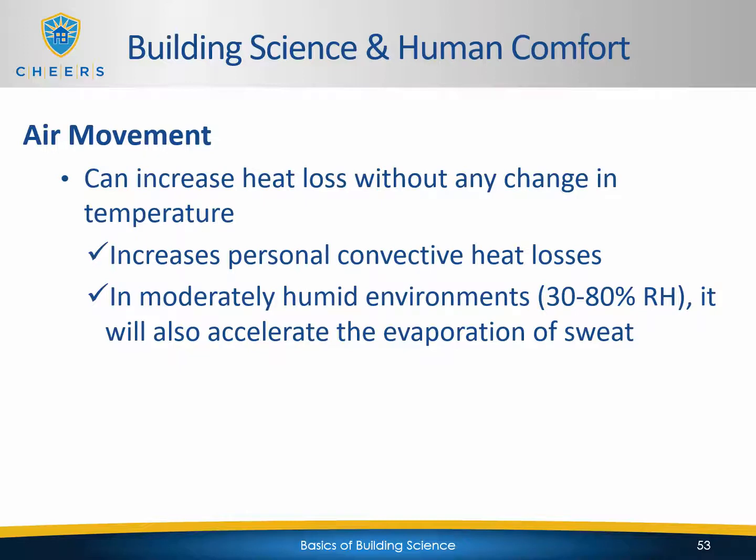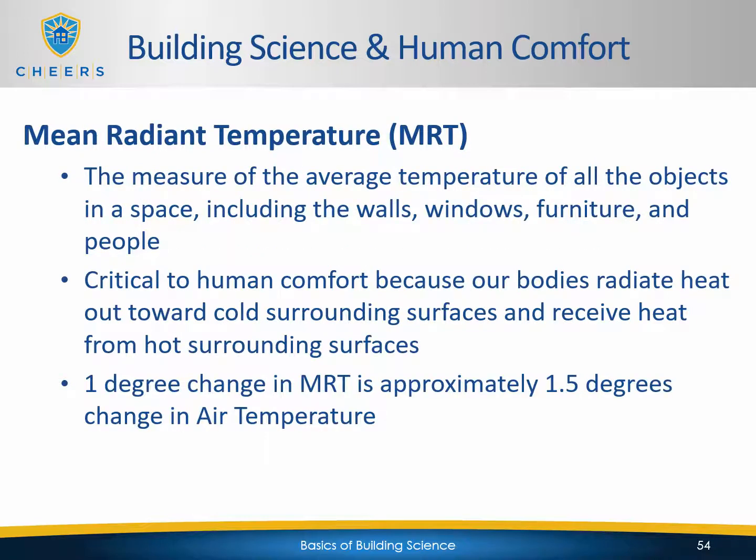Air movement can increase heat loss without any change in actual temperature. It does increase personal convective heat losses. If the air temperature is less than the skin temperature, it will significantly increase those convective losses. This occurs because more air is coming in contact with the warm skin as it blows past, compared with little or no air movement. Now, mean radiant temperature is the measure of the average temperature of all the objects in a space, including the walls, windows, furniture, and people.